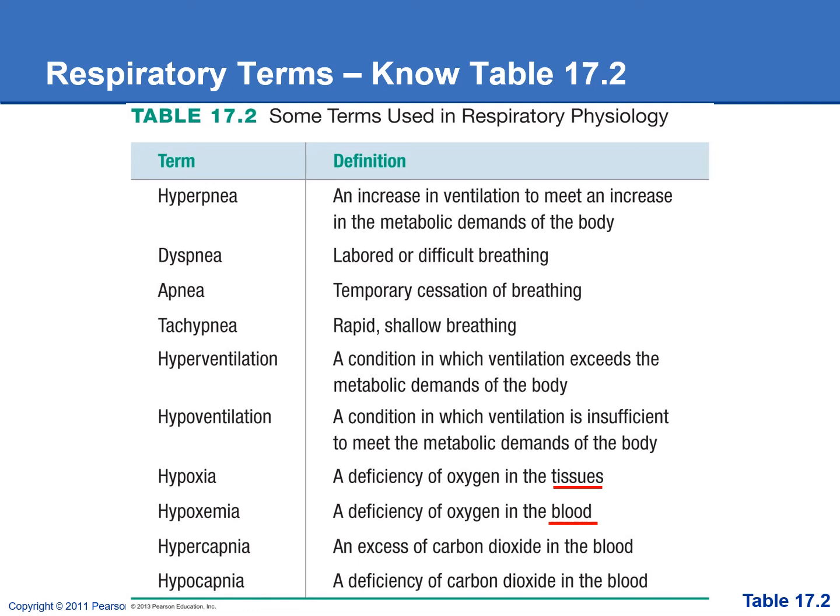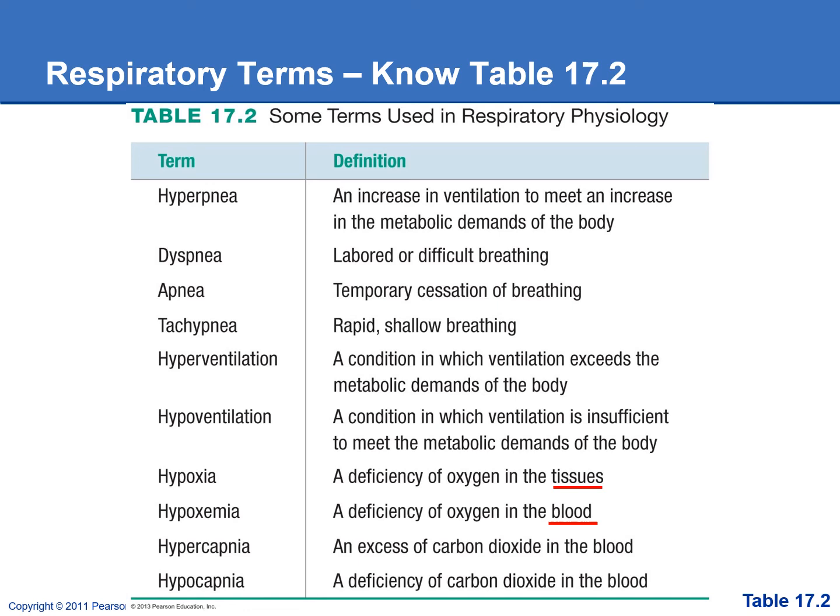So you're not exercising and your tissues are not demanding more oxygen and telling you to get rid of more CO2, but you start breathing just too fast, and usually they take kind of shallow breaths during a panic attack, and so that's going to change your oxygen and carbon dioxide levels in a way that's not meeting the tissue demands.